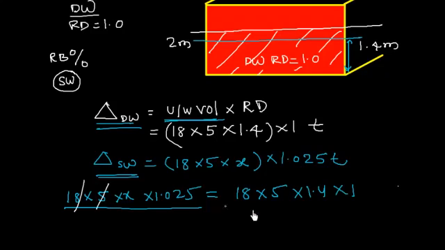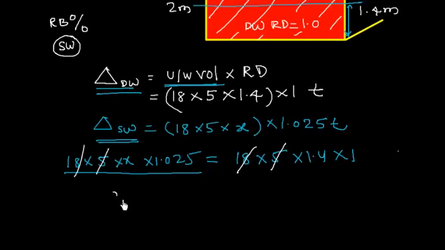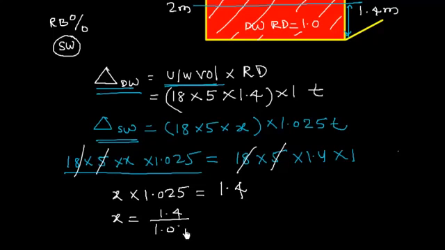Now if we see, these cancel each other and I simply get X into 1.025 is equal to 1.4, or X is equal to 1.4 divided by 1.025, and after punching in the calculator and rounding off, I get 1.36585.